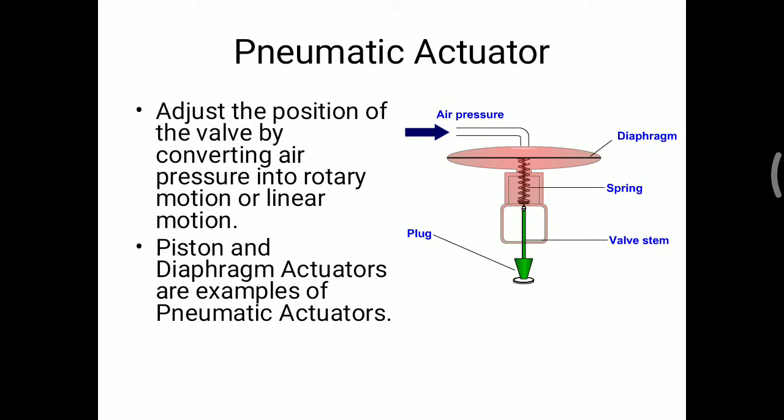This type of valve is called air to close. And in the reverse action, when the air pressure to the diaphragm is given from below, which will open the valve, it's called air to open. The piston and diaphragm actuators are examples of pneumatic actuators.